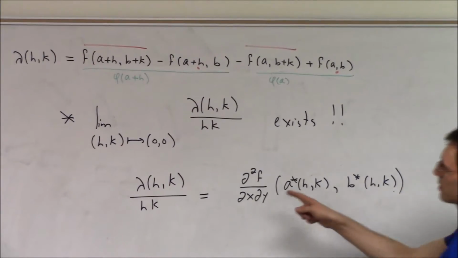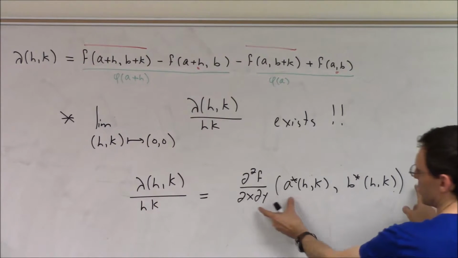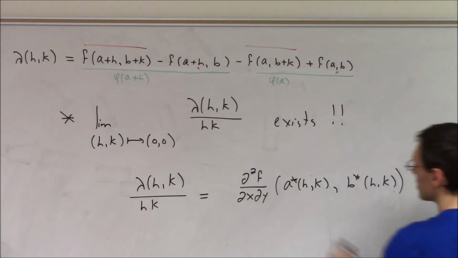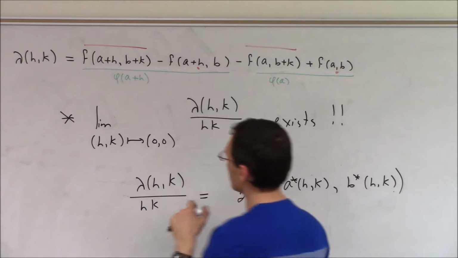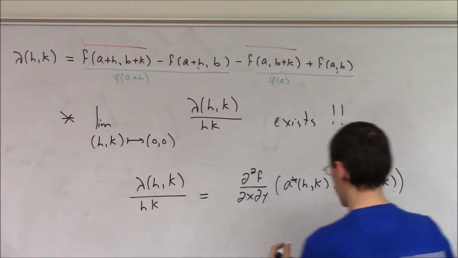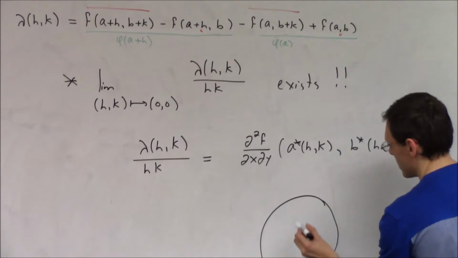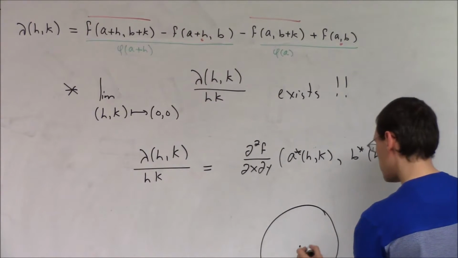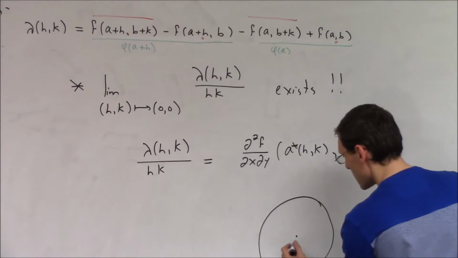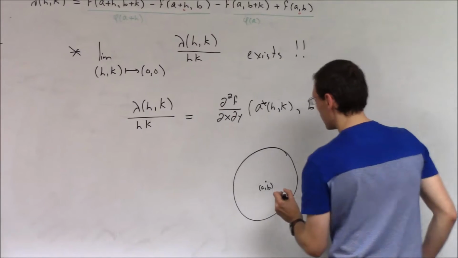So because it's continuous, then I'm able to, see, I'm able to eliminate the hk, and I can use the continuity of this mixed partial. That's the subtle point here. Okay? So really, the reason you can, what happens here is I'll try to draw you a picture. So here is, here is AB.